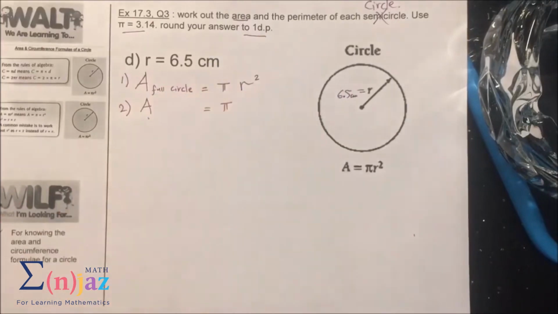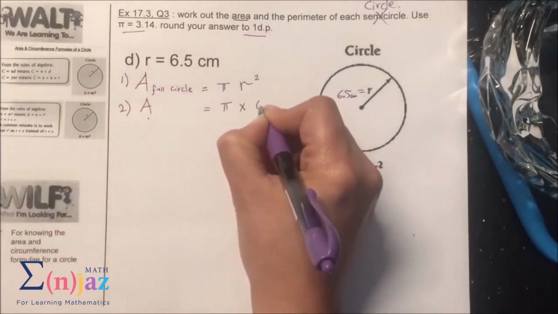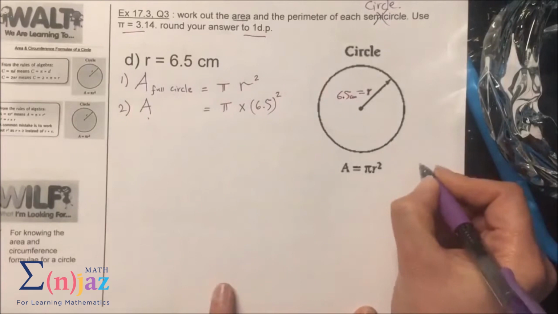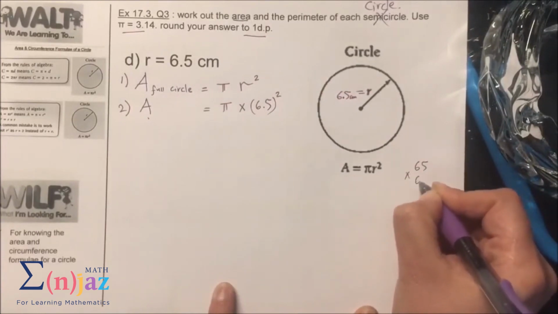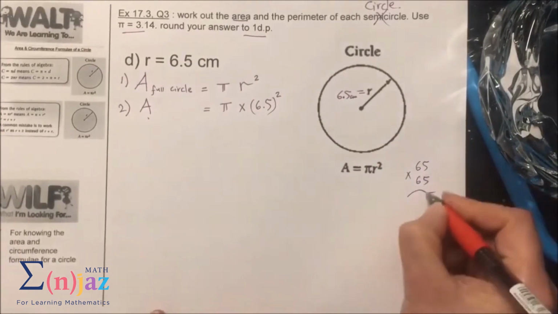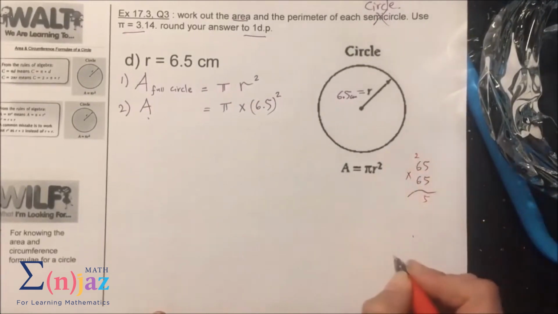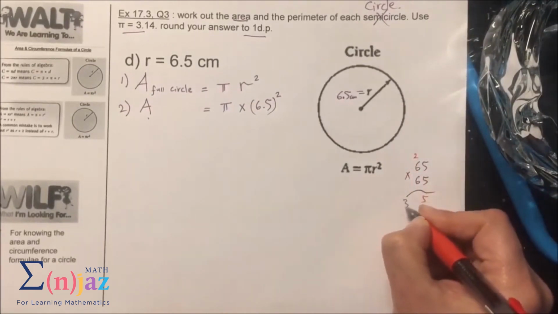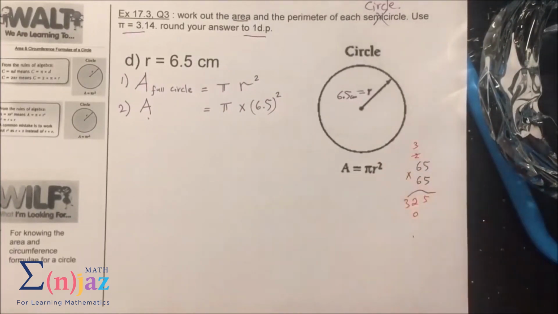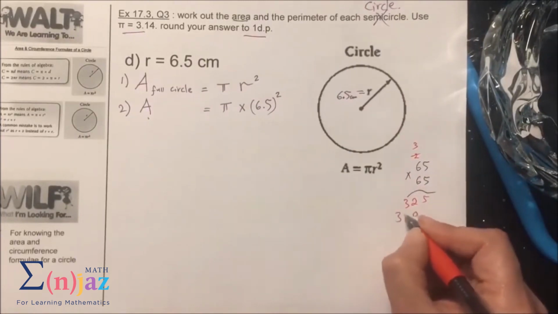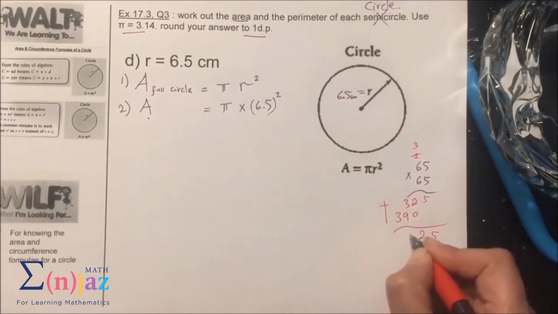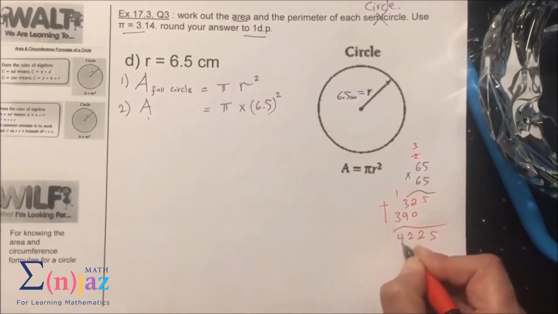I'm going to keep pi at first as is, times 6.5 all to the power of 2. Multiply 65 times 65, ignore the decimal, place it later. So 5 times 5 is 25, 6 times 5 is 30, plus 2 is 32, 6 times 5 is 30, 6 times 6 is 36, plus 3 is 39, add 52, 12, 4.